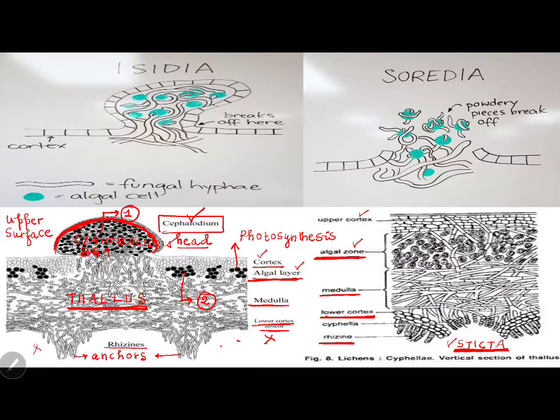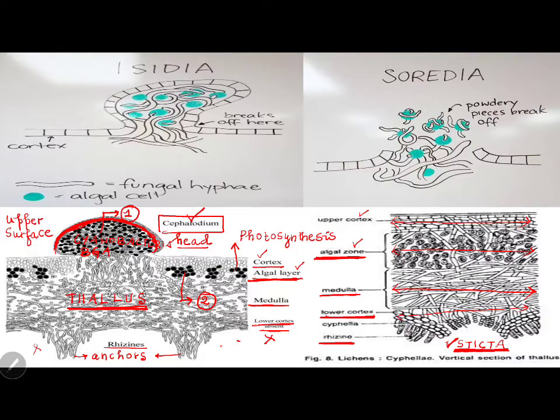As I told, the genus Sticta, you already know the layers of the lichen in the vertical section. I have a cortex, then I have algal cell. There are no cephalodia with this. Then I have fungal mycelium. Then in Sticta genus, I have a lower cortex.